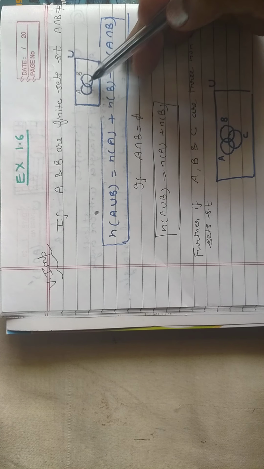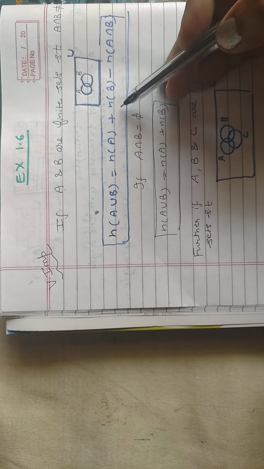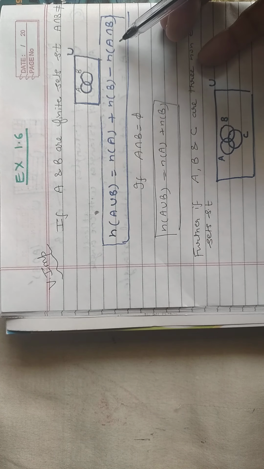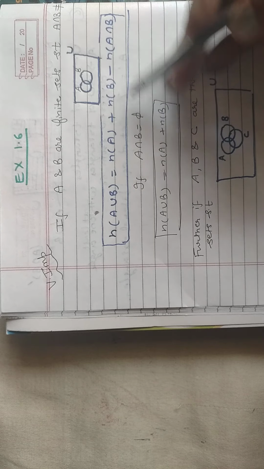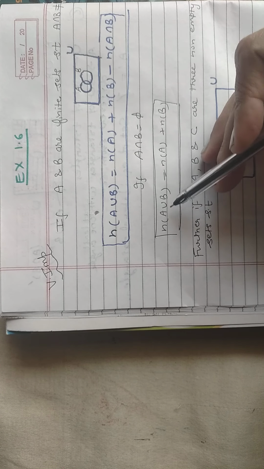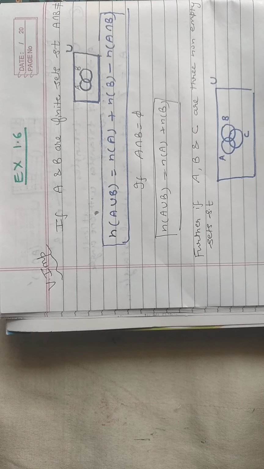So you will exclude it one time. So n(A union B) is n(A) plus n(B) minus n(A intersection B). And suppose A intersection B is phi, nothing is common. Then n(A union B) is equal to n(A) plus n(B).